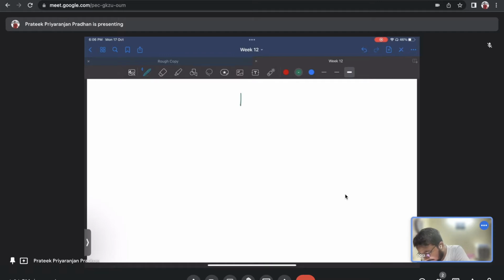If this is my plant or system which I want to control, I want some kind of desired output from it. This is the output of the system, and here some input.